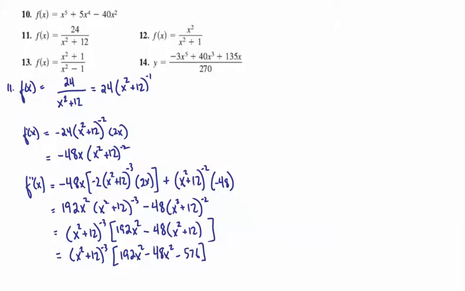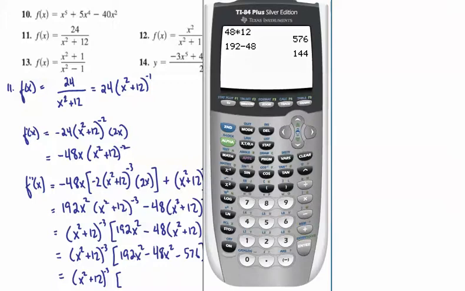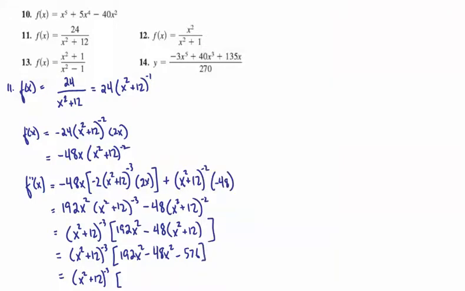So we have one more round of simplifying here. X squared plus 12 to the negative third power, and that is 192 minus 48, which is going to be 144. So 144 x squared minus 576.